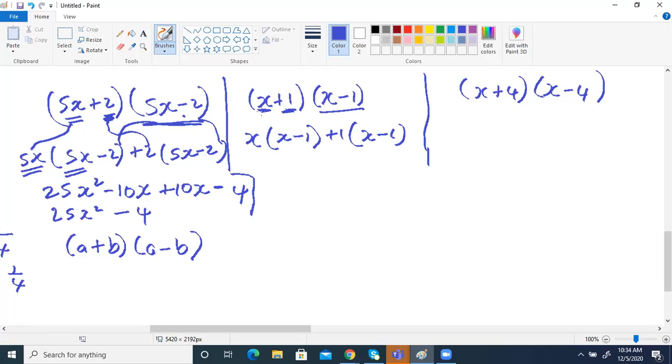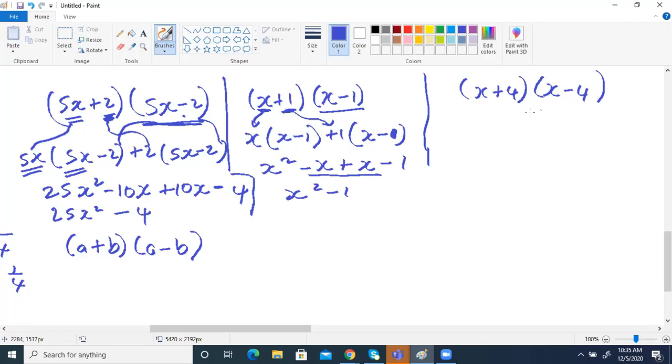So x times x is x squared, x times minus 1 is minus x. This is plus x minus 1. Middle terms again cancel out, we get x squared minus 1.